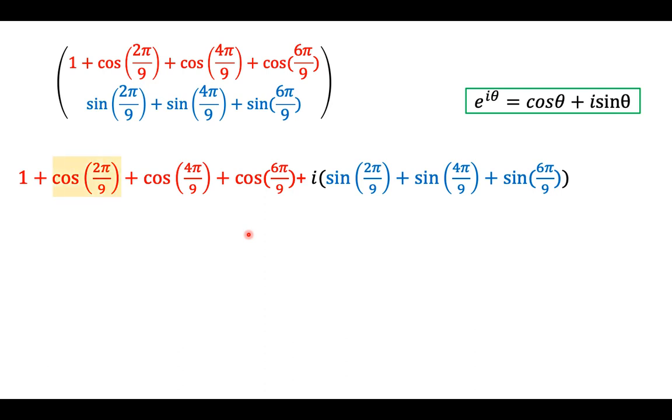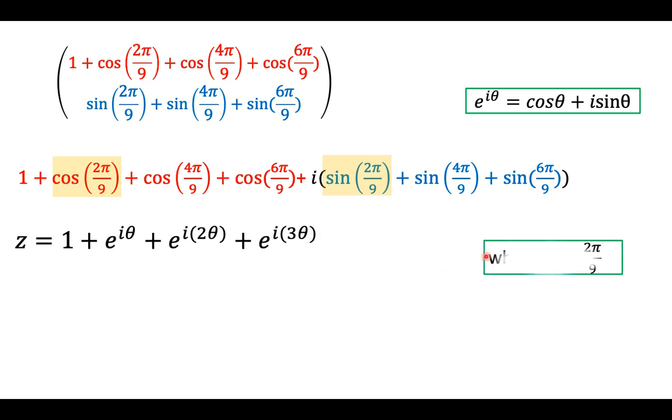Now we can see that this and this match up, and therefore we can match them, where if I say θ is equal to 2π/9, then using Euler's identity, this leaves us with this, and this is going to be 2θ, 4π/9, and that is 3θ, where θ is 2π/9. So this is the sum.